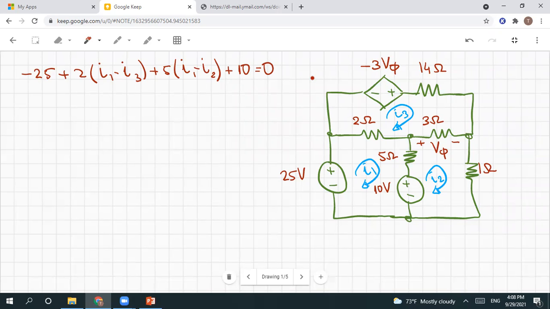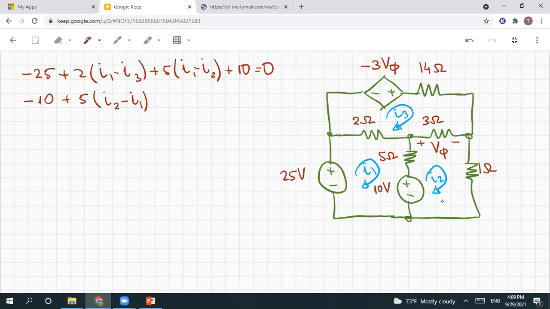So can another student please give me the second mesh, and I will start with this voltage source. So this voltage source, negative or positive? Negative 10. Okay, thank you. Plus the current which is in the 5 ohm resistor. I2 minus I1.